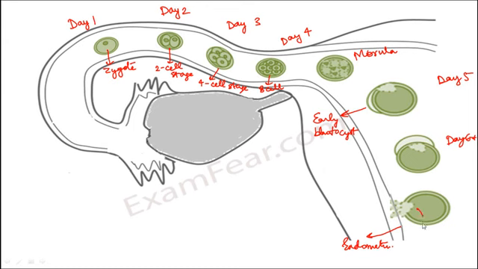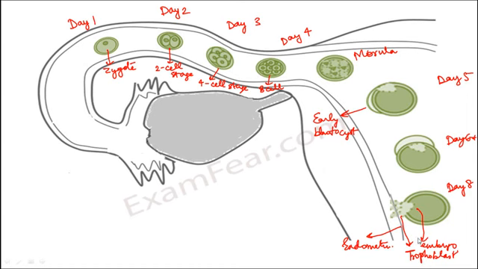So the embryo will be formed inside, and the outer layer which actually forms this is the trophoblast of the blastocyst, and this implantation happens around day 8. So basically from the day fertilization happens to the day it is implanted, it takes around 8 days, almost a week, for the implantation of the blastocyst.